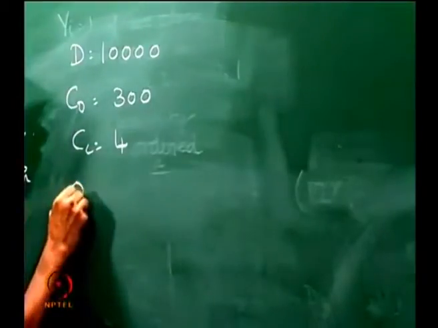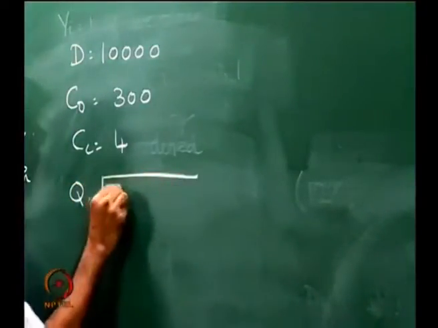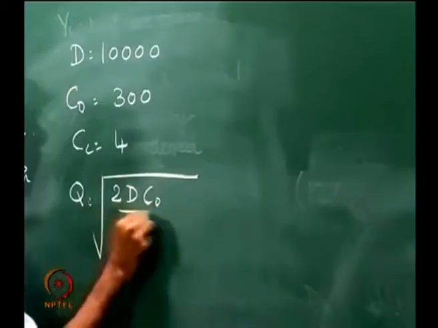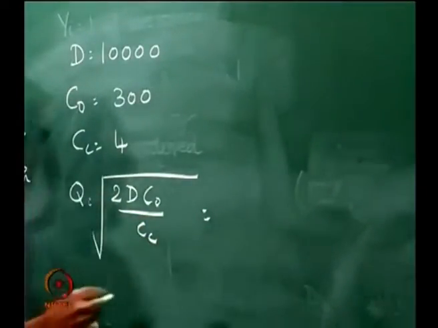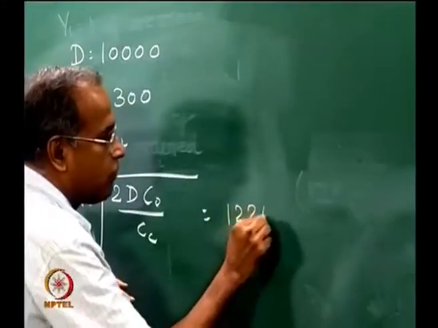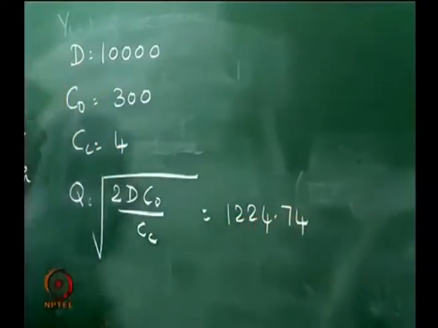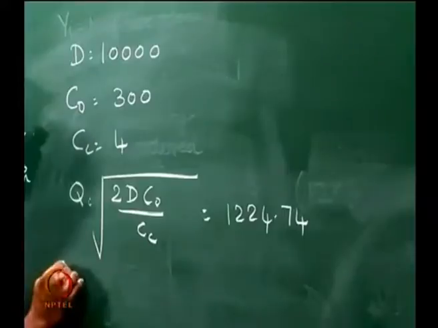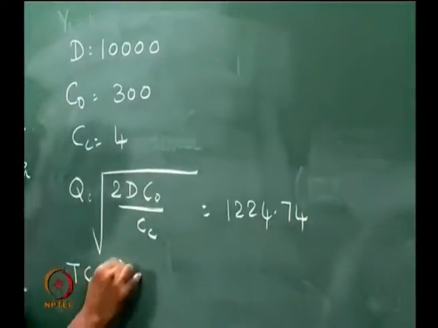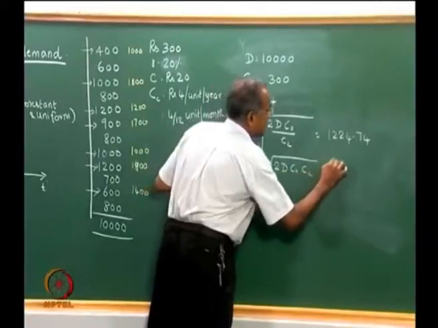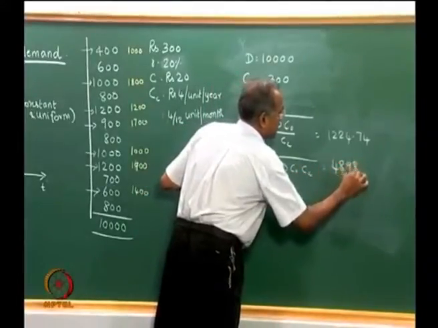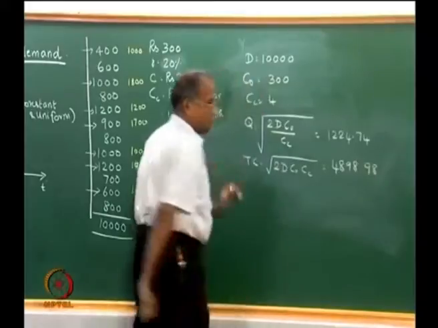Now Q is equal to root over 2 D C naught by Cc, which we have already calculated in an earlier lecture, to be 1224.74, and then we also know that the total cost for this is root over 2 D C naught Cc, which will give us 4898.98.